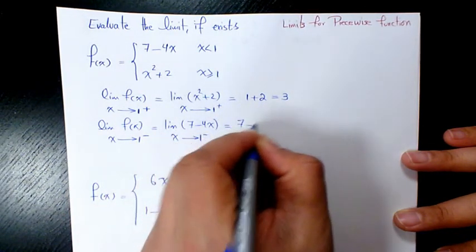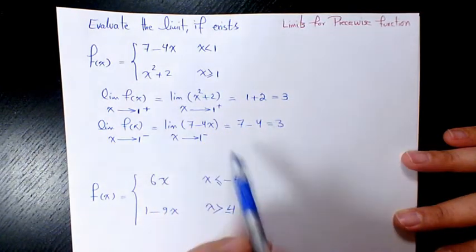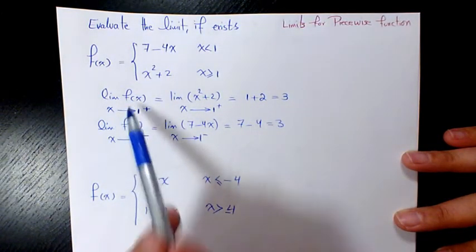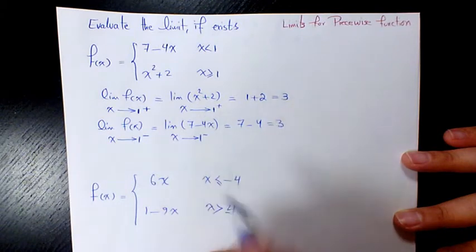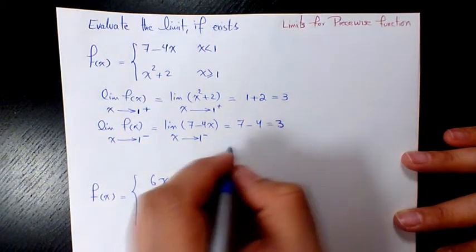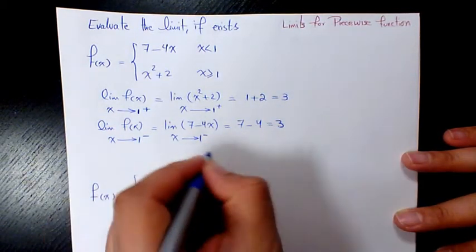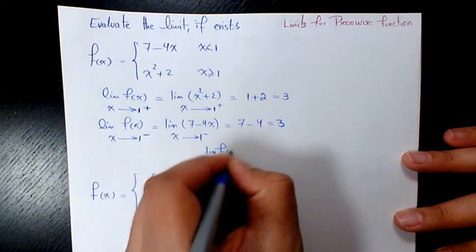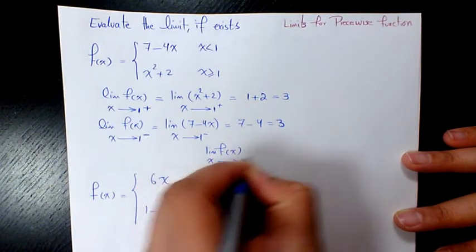That's going to be 7 minus 4. So since the right limit and left limit are the same, it means that the limit of the function when x is approaching 1 is 3.